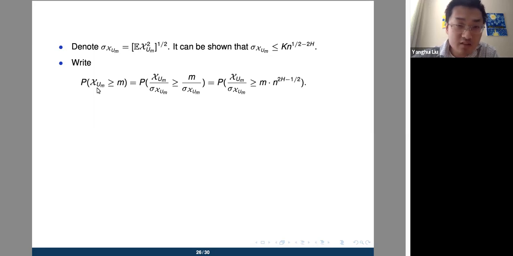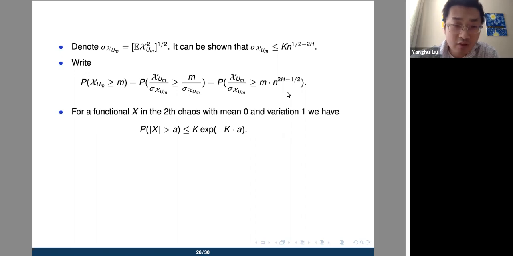So let's normalize X using the variance. We divide both X and m by sigma, and therefore the left-hand side, X over sigma, has mean 0 and variance equal to 1. And the right-hand side, we can write it out. It is m times n to the 2h minus 1/2.